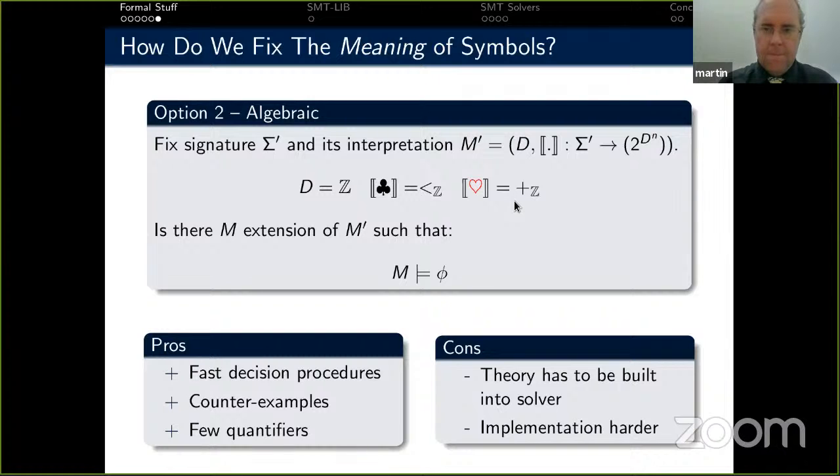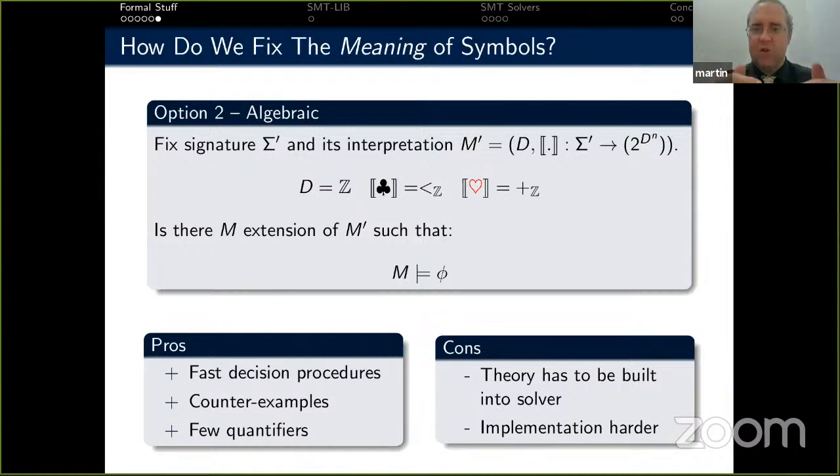All right. So why might we want to do that? Well, advantages: we can specialize our decision procedures. If you take the axiomatic view, then everything is just formulae. Really, everything is just formulae. It's all first order logic. The fact that this symbol is called plus doesn't matter, it's just symbols.